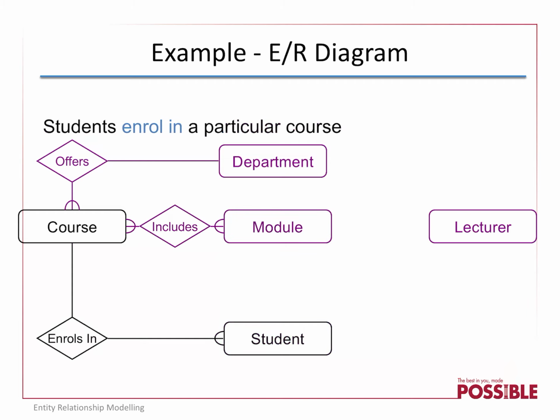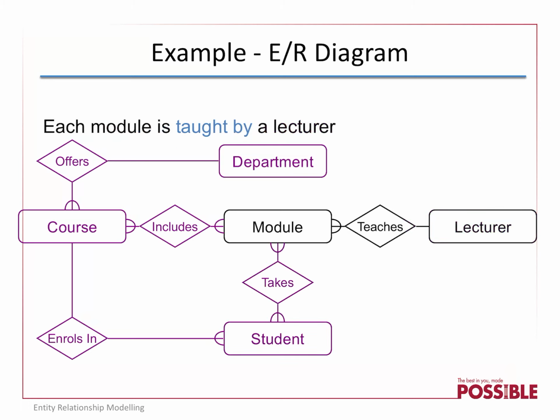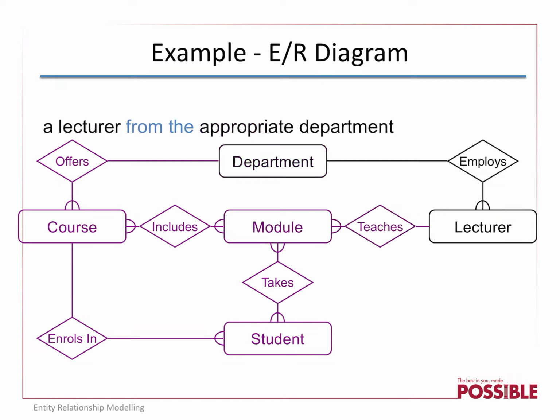Students, so many, enroll in a particular course, one course. Students take modules, many to many. Each module is taught by a lecturer, so there's a relationship between module and lecturer, one to many.